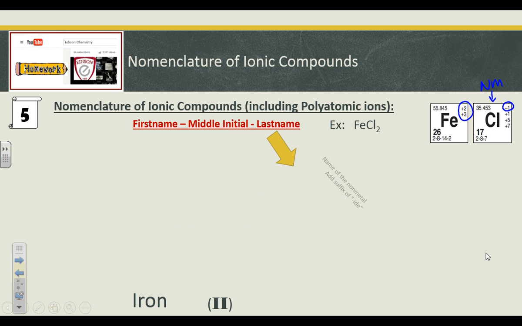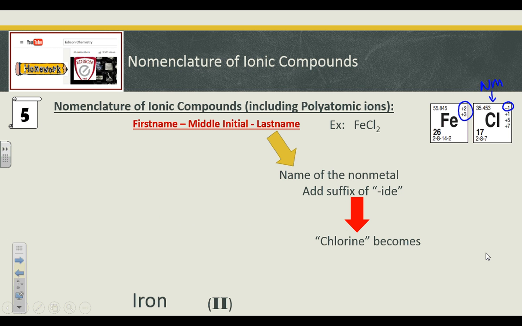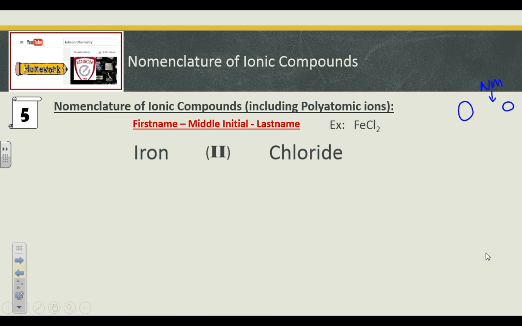And then the last part, the last name: we take the nonmetal's name and change the end of it to -ide. So chlorine becomes chloride. As a result, the true name is iron chloride, iron 2 chloride, technically. And there it is. Let's do some more examples.